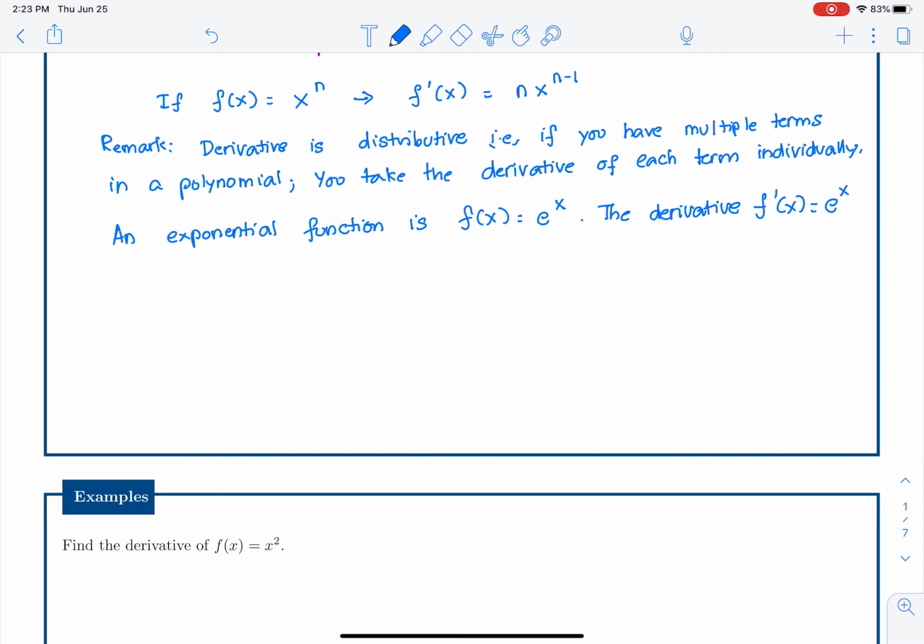From a practical standpoint, if you think about it, derivative is rate of change. Specifically speaking, it's instantaneous rate of change. And if someone asked you, well, how is an exponential function changing at any given instant? Naturally, the answer would be, well, it is changing exponentially, which is why the derivative of e raised x is e raised x.